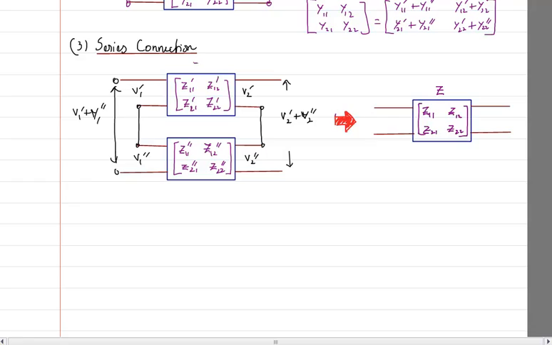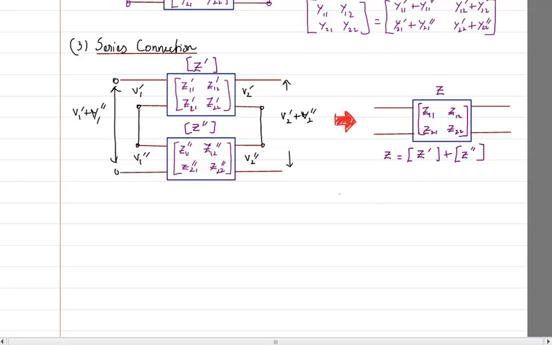And the first, let me call this z dash, and this is z double dash. The parameter z dash belongs to the first one, and z double dash is the z parameter of the second network. Then I will get z to be equal to simply the addition of z dash plus z double dash.